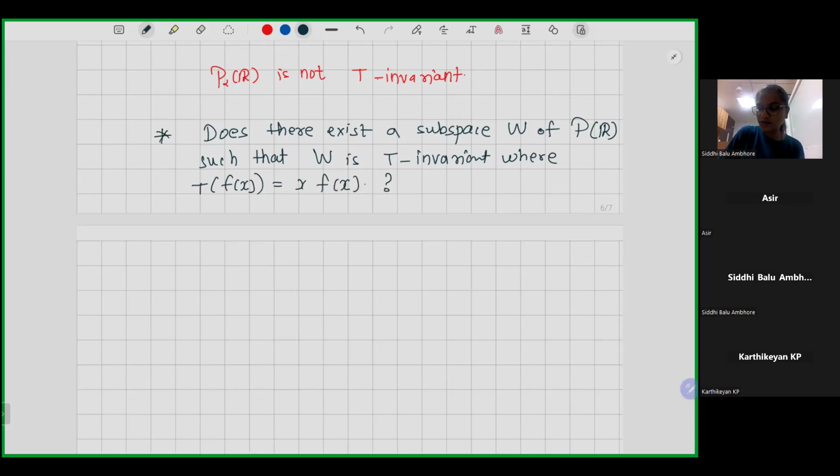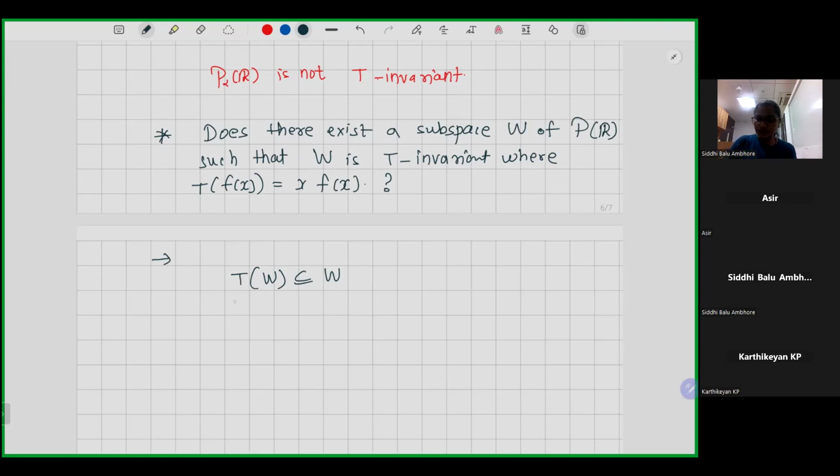This is my question. So we have to find a W, and when I say W, it means that under this T, T of W must be inside W. Right?